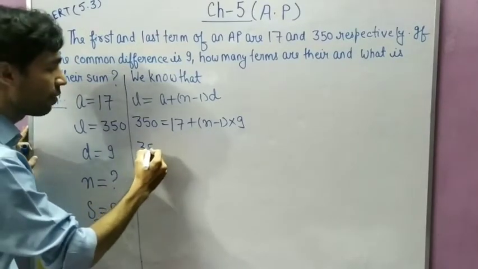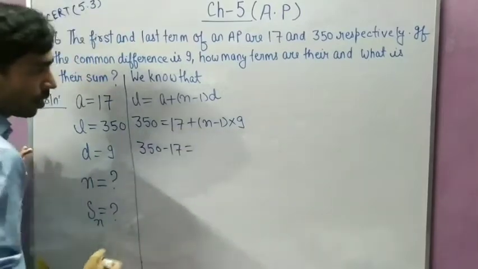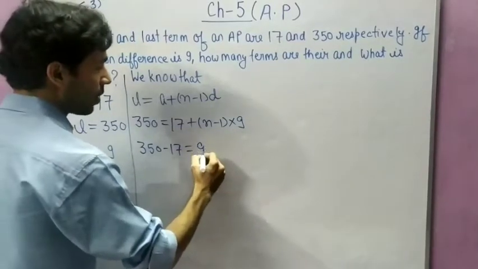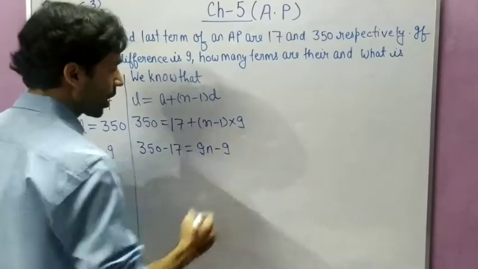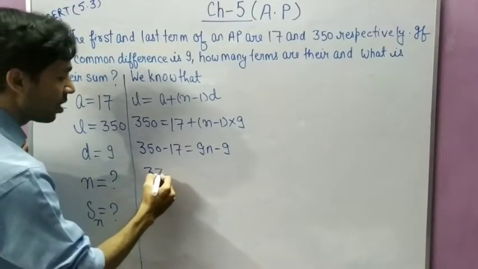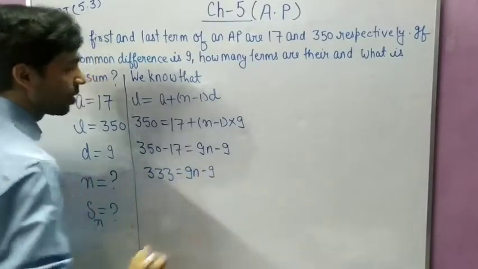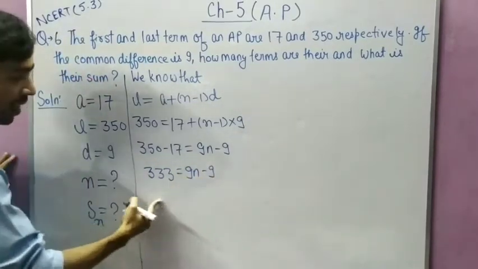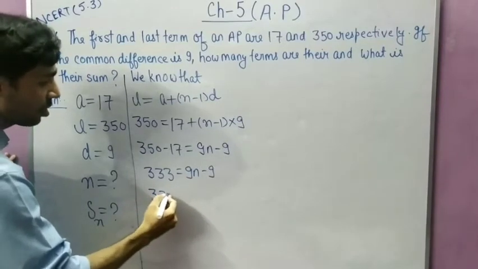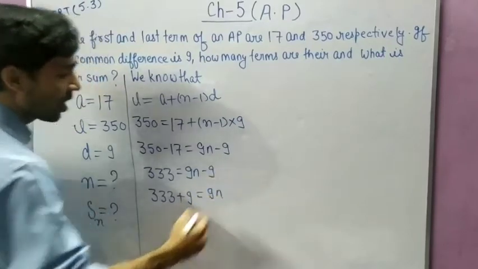So 350 minus 17 equal to 9n minus 9. Now 350 minus 17 will be 333 equal to 9n minus 9. Now transfer this 9 to this side. So 333 plus 9 equal to 9n, and student, it is clear.